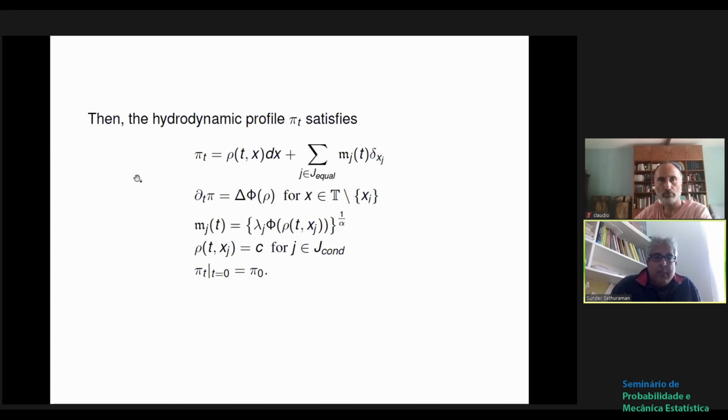Then one gets the statement that I was saying informally about looking at subintervals. If you form pi t as this kind of object, then the hydrodynamic profile will be in this form, and in the bulk it's satisfying this heat equation as before, and at the critical locations the atom is evolving according to this formula, which is what we saw before.